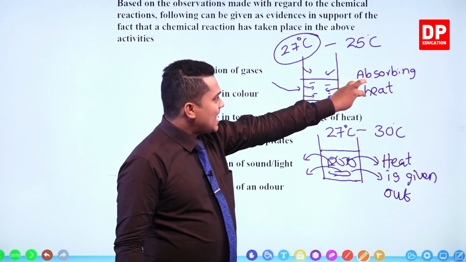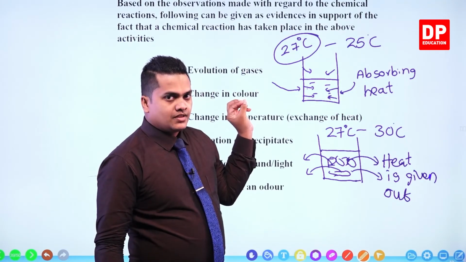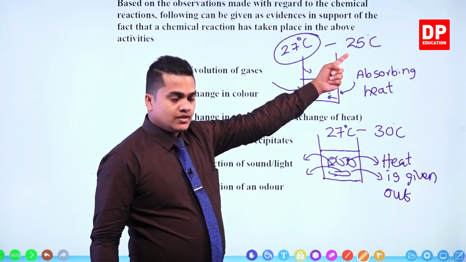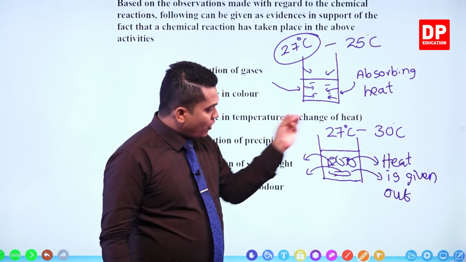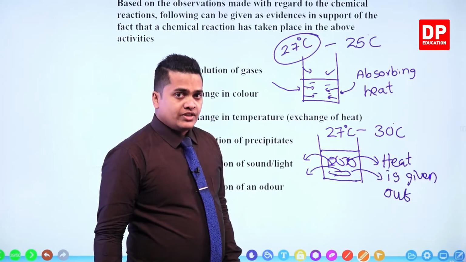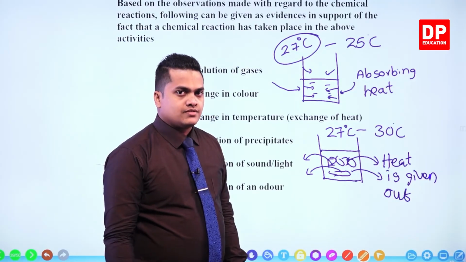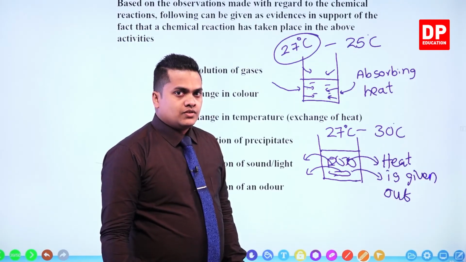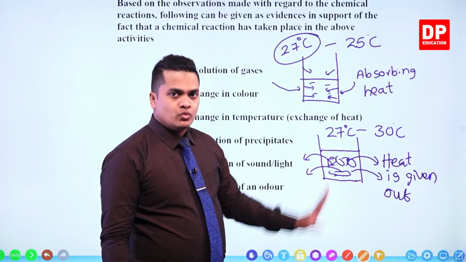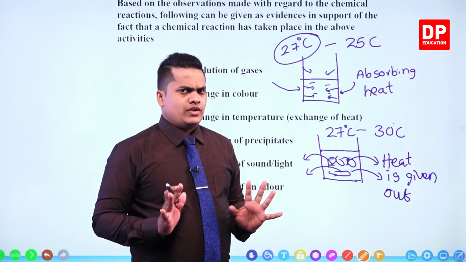If the heat is absorbed externally into the system, the temperature drops. If the heat is evolved by the reactants out to the environment, then the temperature is going to increase, right? So this is how it actually works. But in the simple case, we'll remind it this way.